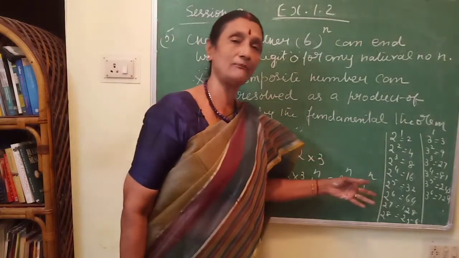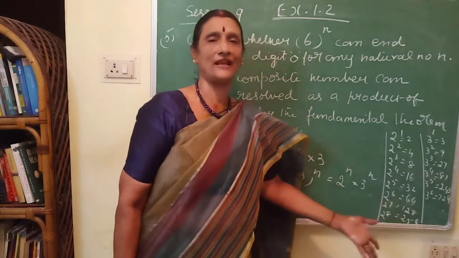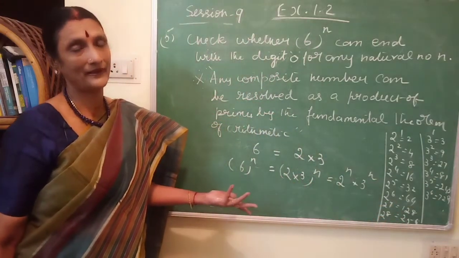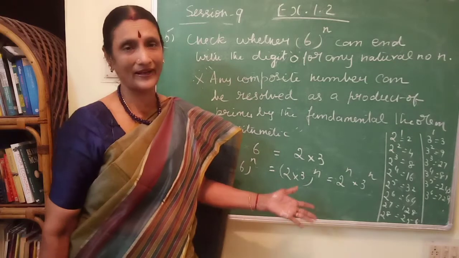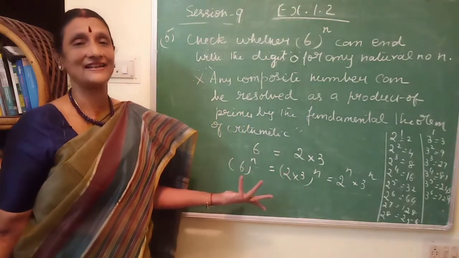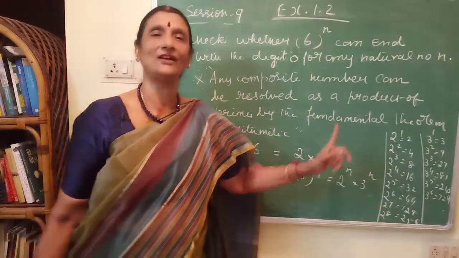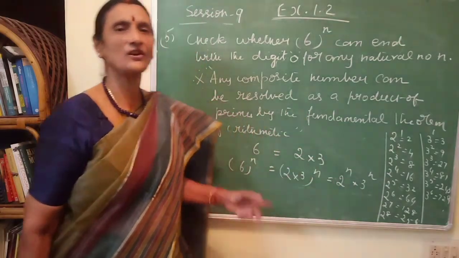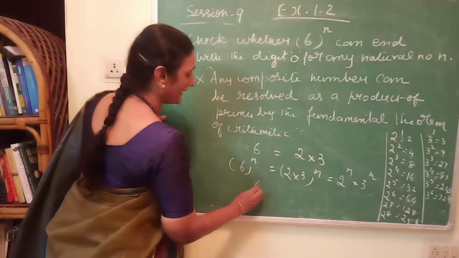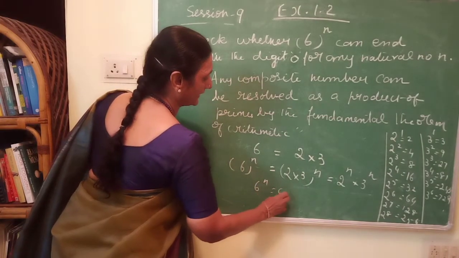Similarly, for 3 power n, for any power n, the ending digit doesn't become 0. Therefore, if you take the product, there is no chance that the ending digit is 0 for the product (2 into 3) the whole power n. Therefore, we can conclude 6 power n cannot end in 0.